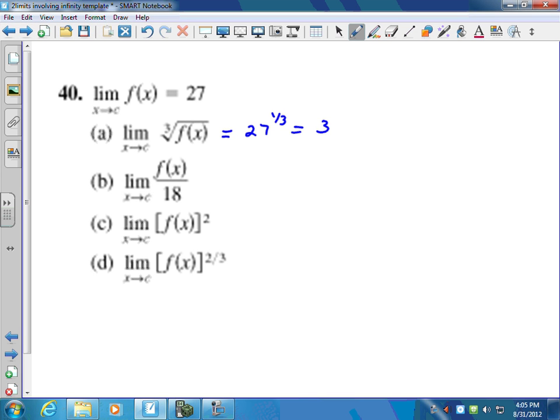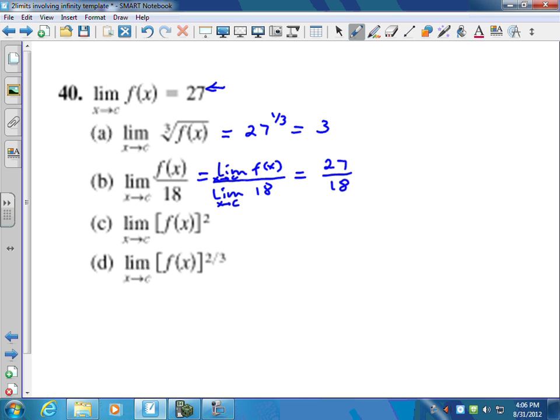Okay, over here we can rewrite this. Again, the limit operator can be distributed over a quotient. So you have the limit of f of x over the limit of 18, in both cases as x goes to c. But we already know the numerator, based on the given information, is 27. And the limit of a constant is itself, which is 18.